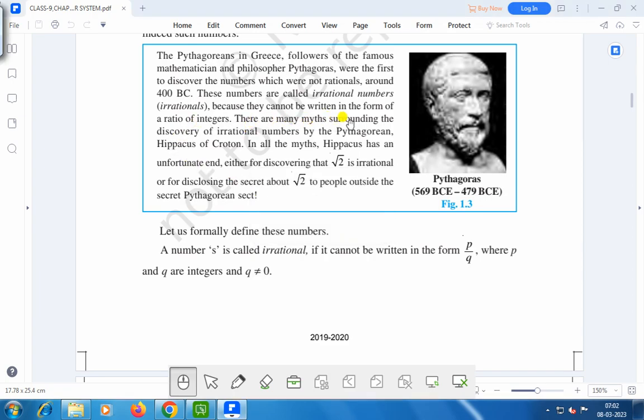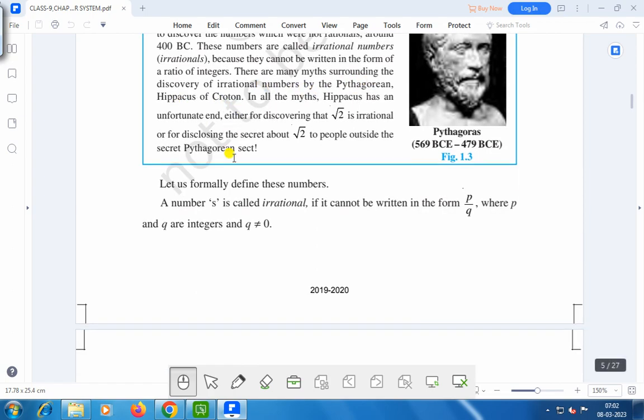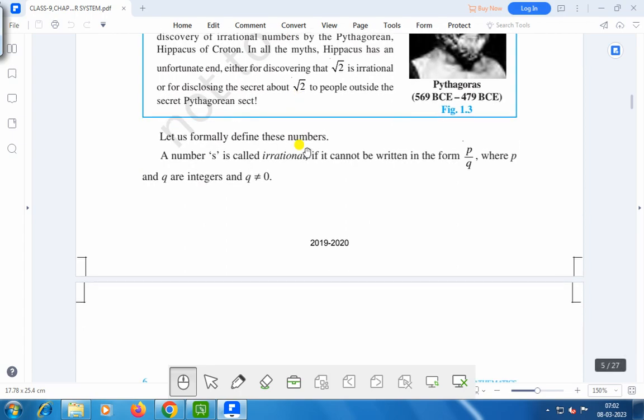There are many myths surrounding the discovery of irrational numbers by the Pythagorean Hippasus of Croton. In all the myths, Hippasus has an unfortunate end either for discovering that root 2 is irrational or for disclosing the secret about root 2 to people outside the secret Pythagorean sect.